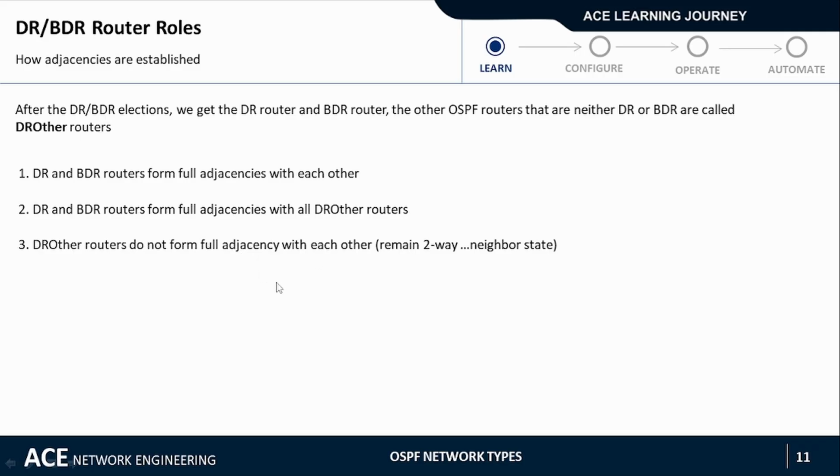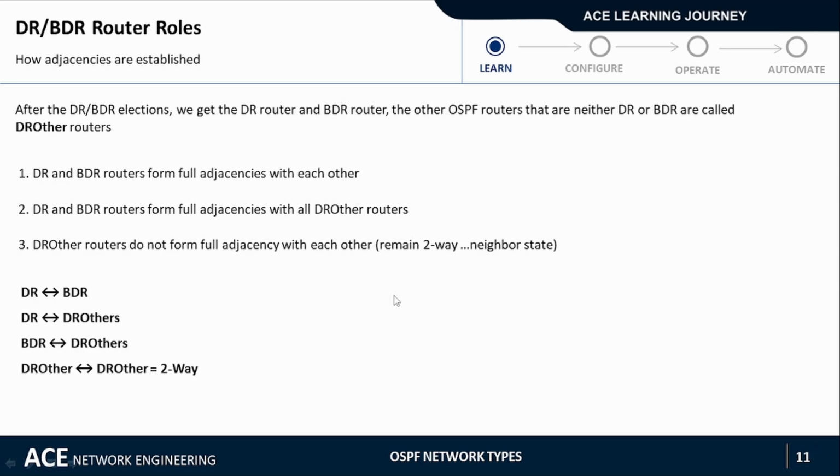But DR other routers do not form full adjacency with each other. A DR other router, a resident, and another resident who is neither a chairman nor a BDR, will not form a full relationship. They only form a neighbor state of two-way.